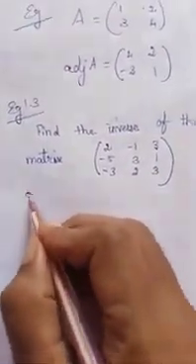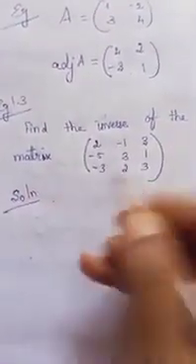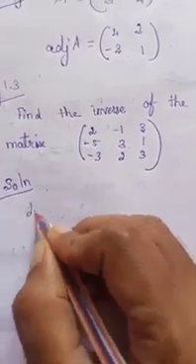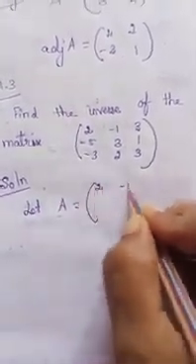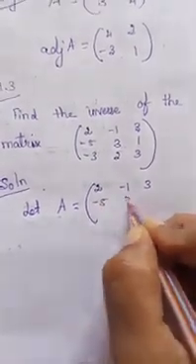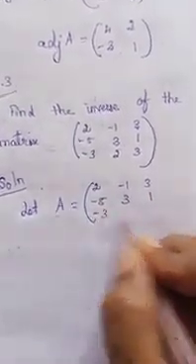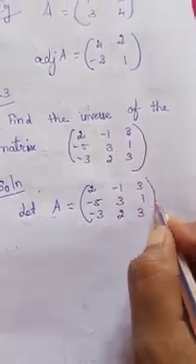For this we have to find the inverse. This is a 3 by 3 matrix. Since no name is given, we can take it: let A be the matrix 2, minus 1, 3, minus 5, 3, 1, minus 3, 2, 3.